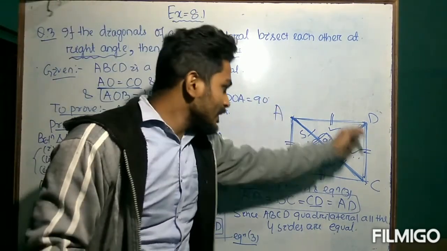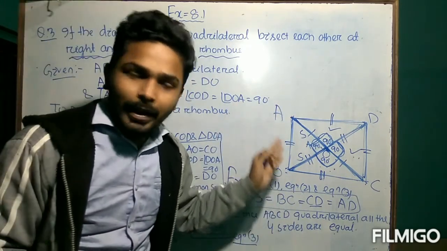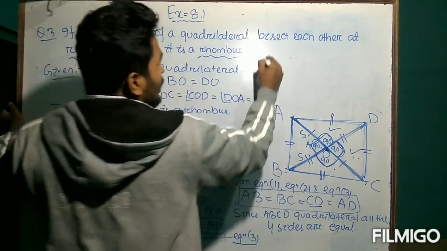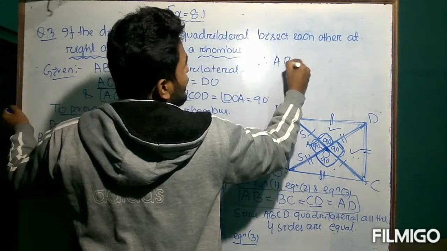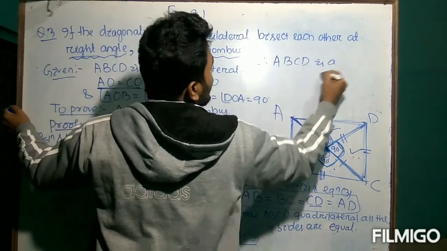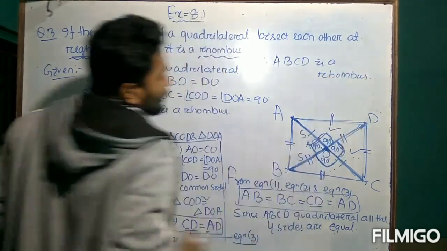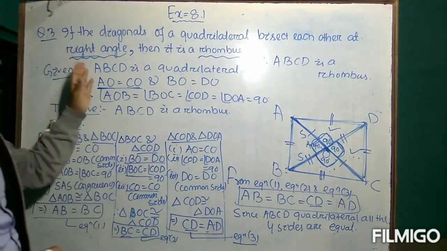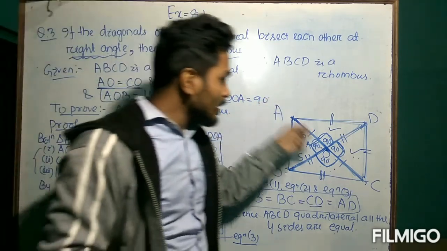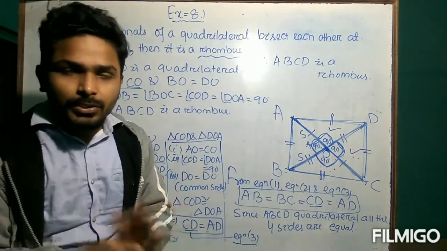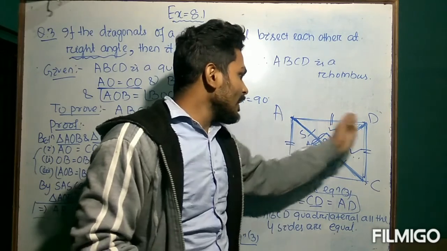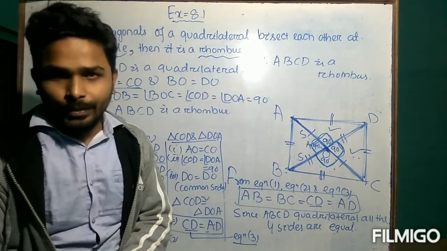Hence we can say this quadrilateral is nothing but a rhombus. So finally you can write, hence ABCD is a rhombus. Understood? So according to this question, if in a quadrilateral the two diagonals bisect each other at right angles, then this quadrilateral is a rhombus.